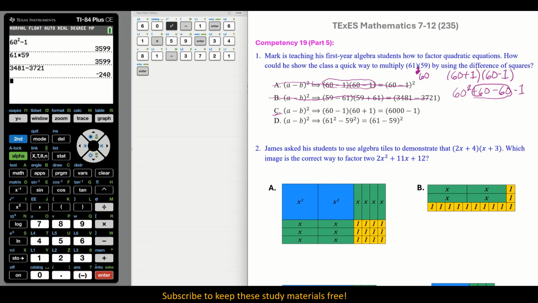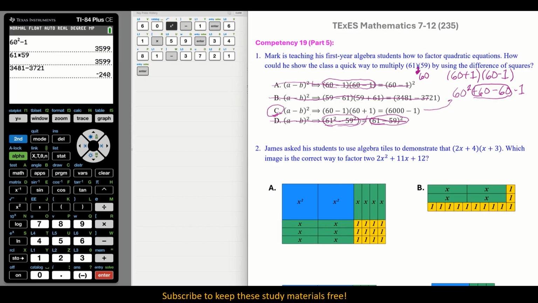Then if you look right here, the 61 squared and the 59 squared, this does not equal this. That's one of the first things we learned in algebra. You can pop it in the calculator to check for yourself, but that should be something basic that you just remember from algebra. So C is going to work, and let me work that out for you.